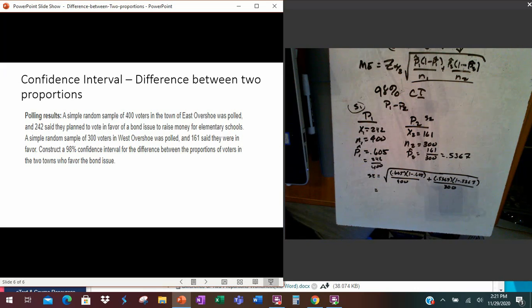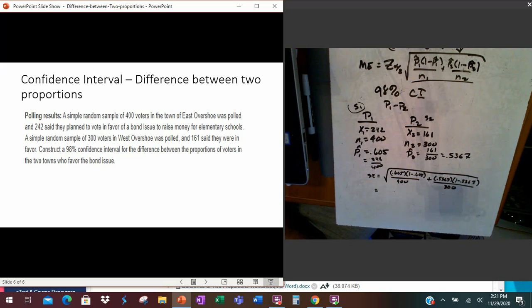So let me do the standard error as a calculation real quick. The square root of 0.605 times 1 minus 0.605 divided by 400, plus 0.5367 times 1 minus 0.5367 divided by 300.